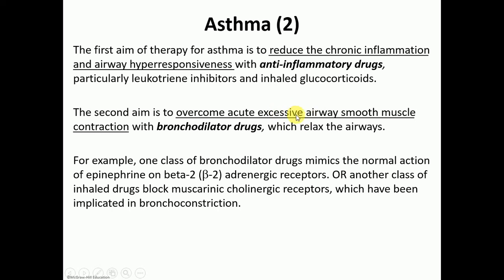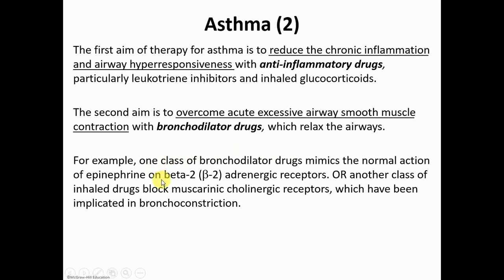Your second aim in therapy would be to overcome that hyper response to these different things, so to prevent the bronchoconstriction. You can give them a bronchodilator, like albuterol, for instance, which is going to dilate the bronchi. Albuterol acts on beta-2 adrenergic receptors. Remember, beta-2 adrenergic receptors are a subtype of receptors that are stimulated by epinephrine.